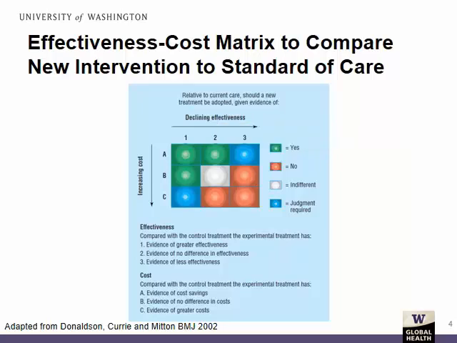Let's look at this effectiveness cost matrix, which you can use to compare a new intervention, maybe B, and the standard of care, which we can call A. Above here, you have declining effectiveness.